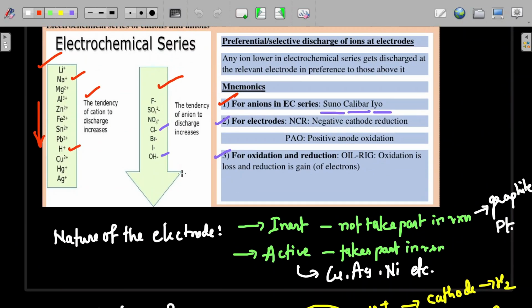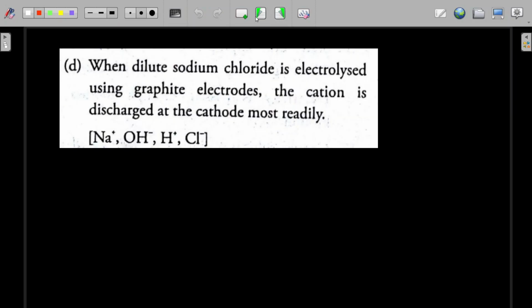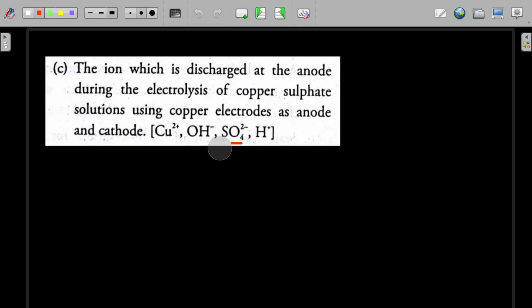SO4 is on the top, and hydroxide is below, so that will get discharged. You can remember that list. Both of them will go towards the anode, but preferentially hydroxide will get discharged.